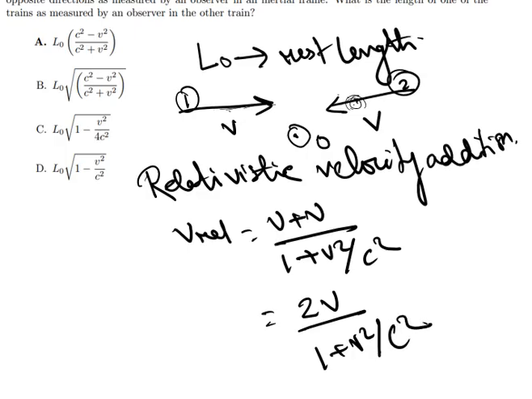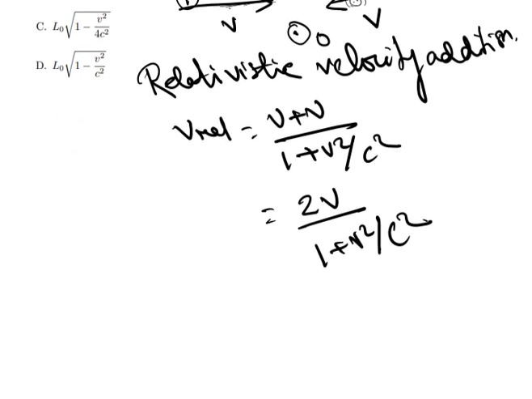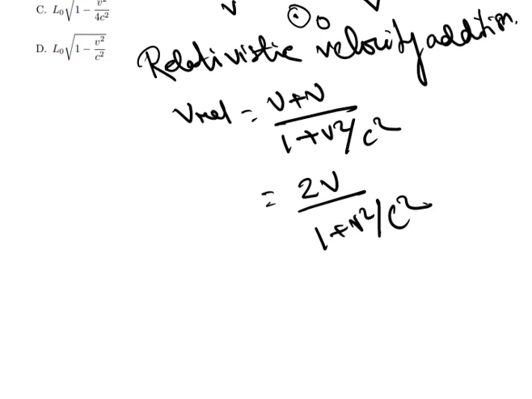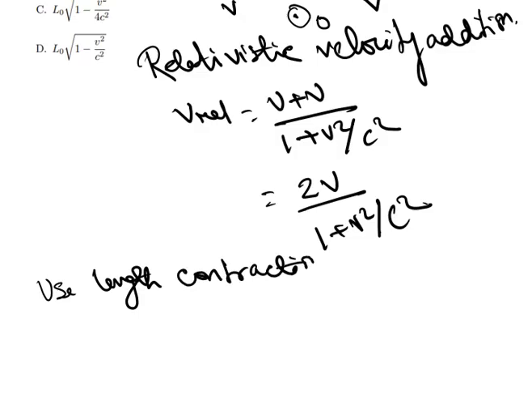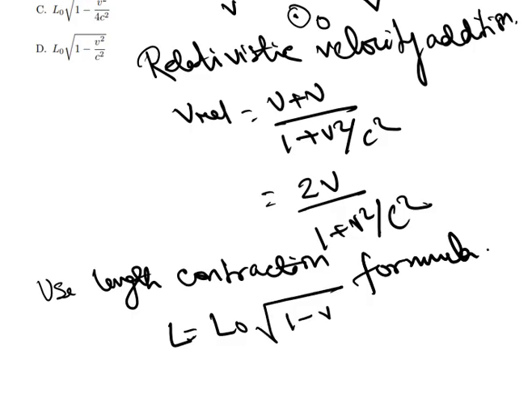So we will use the length contraction formula. We can write that L equals L0 into root over 1 minus v square by c square.